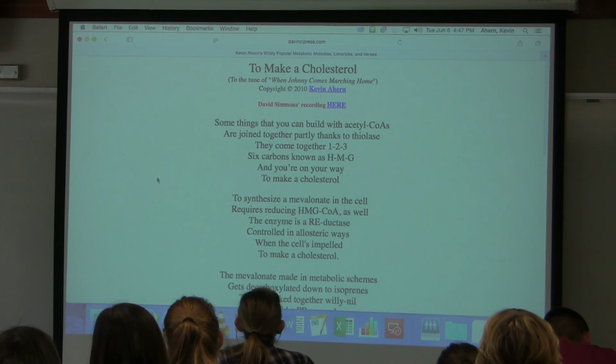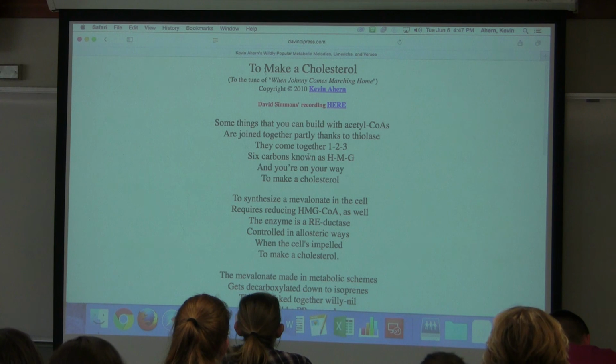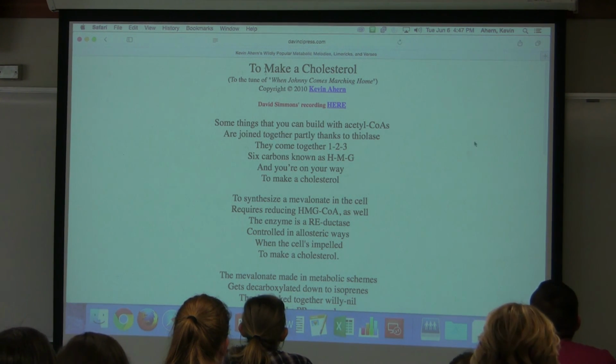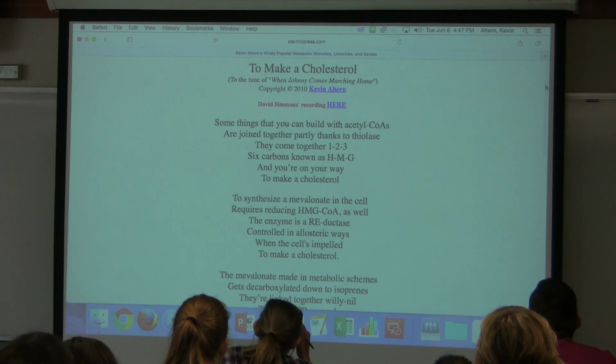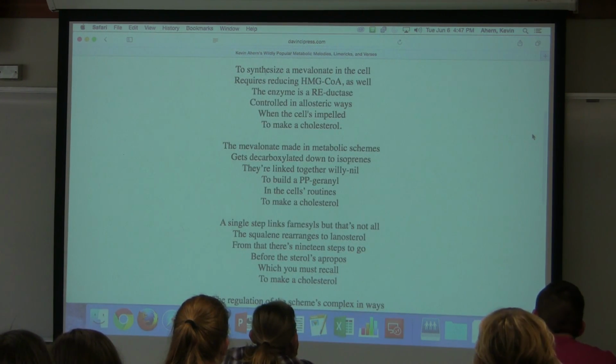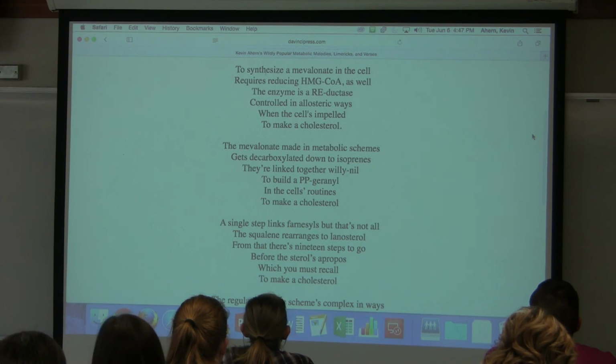Some things that you can build with acetyl-CoAs are joined together partly thanks to thiolase. They come together, 1, 2, 3, 6 carbons known as HMG, and you're on your way to mega cholesterol. To synthesize a mevalonate in the cell requires reducing HMG-CoA as well.